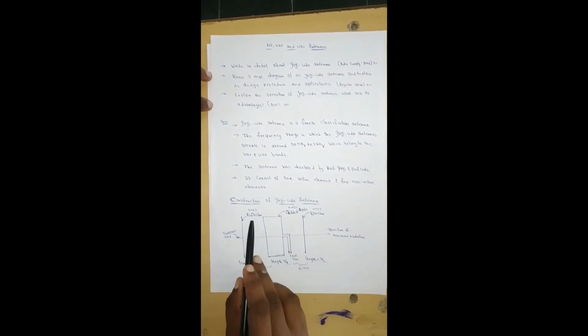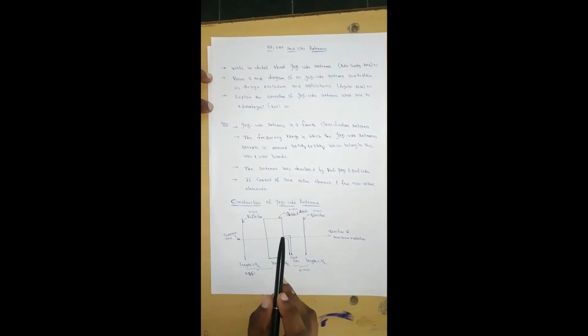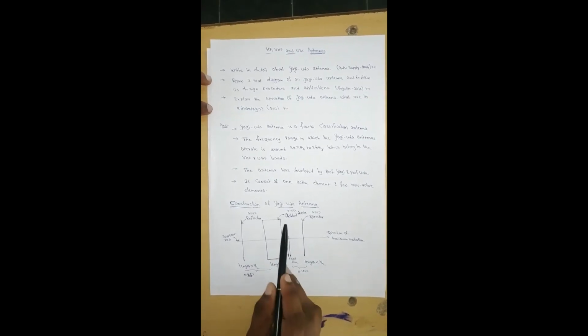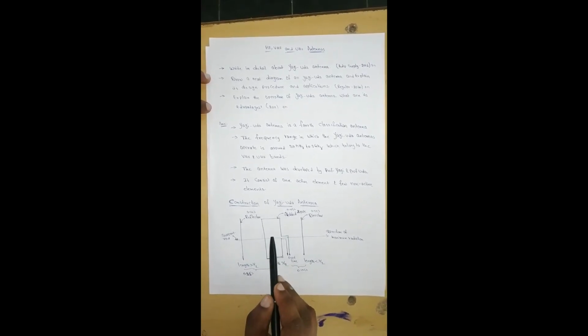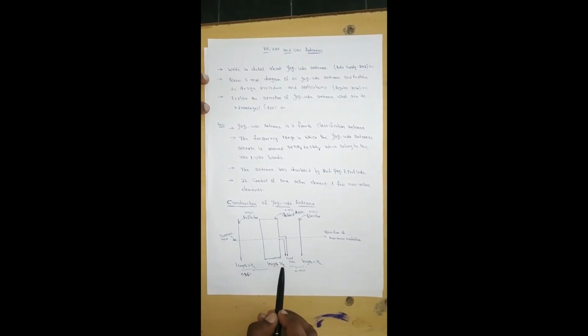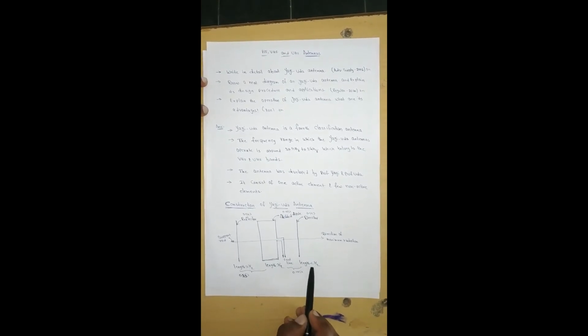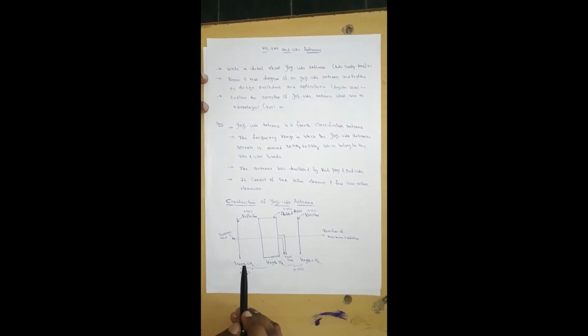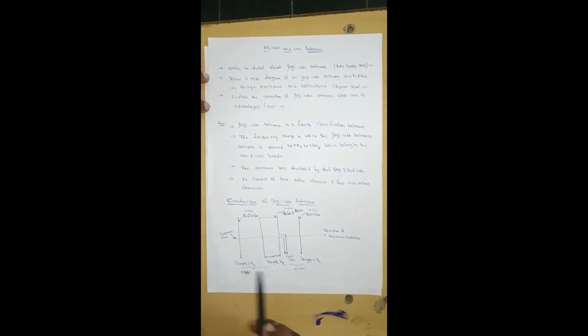The director and reflector are called non-active elements, and the folded dipole is called the active element. The length of the active element is lambda by 2, the length of the director is less than lambda by 2, and the length of the reflector is greater than lambda by 2.